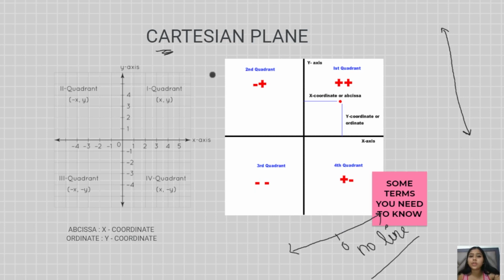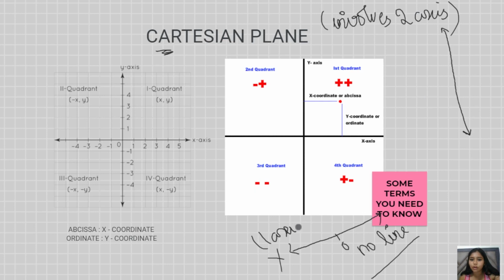The Cartesian plane involves two axes. In the case of the number line, only the x-axis, one axis, is involved. But in the Cartesian plane, two axes are involved and they intersect each other.